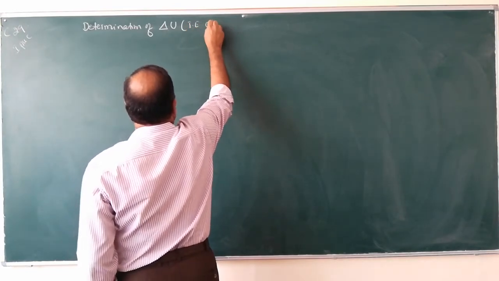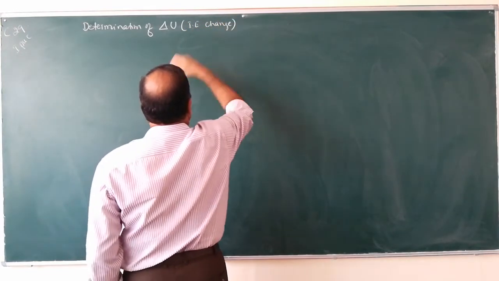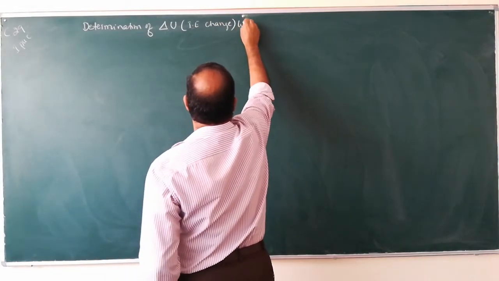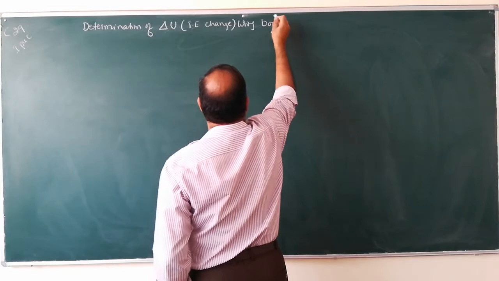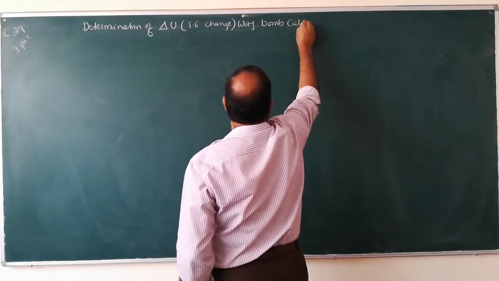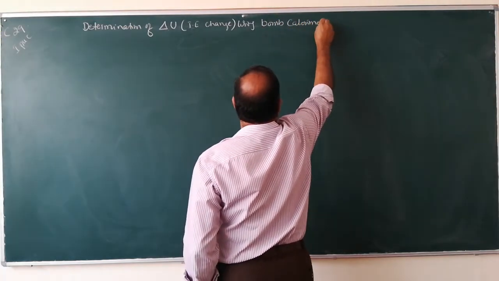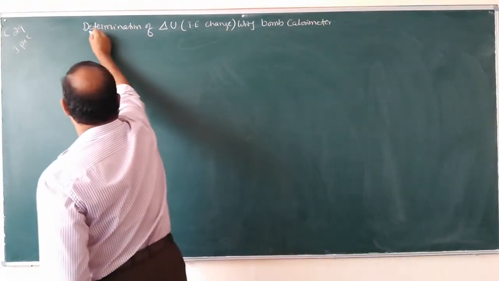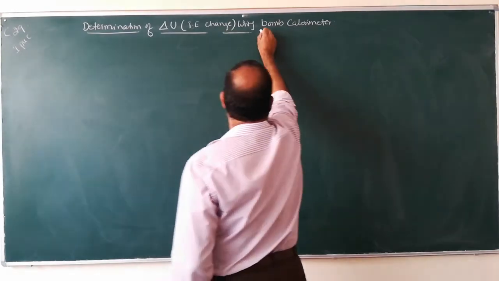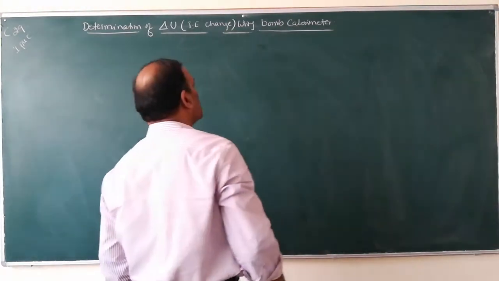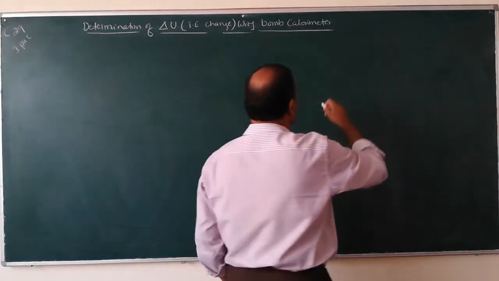Internal energy change using bomb calorimeter. Determination of delta U, that is internal energy change using bomb calorimeter.